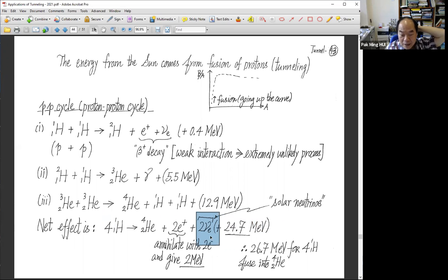In Daya Bay and other experiments, for the past 40, 50 years, people have been trying to measure this solar neutrino. Neutrinos come from the sun, and the story goes that there is a portion missing. We anticipate there are more, but we only measure maybe half of them. So what happened?